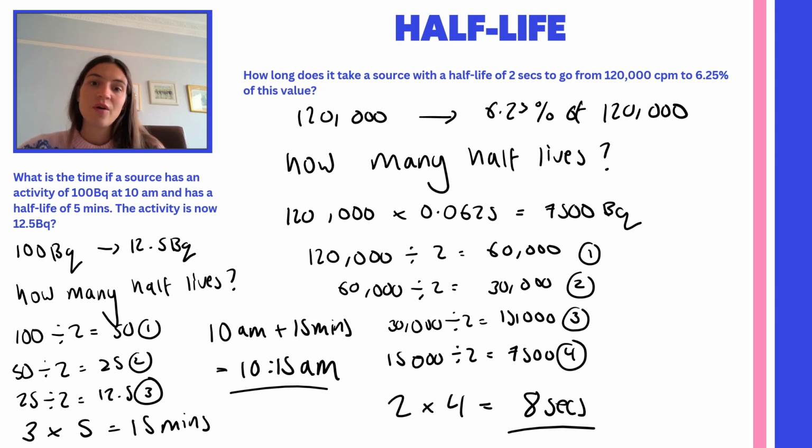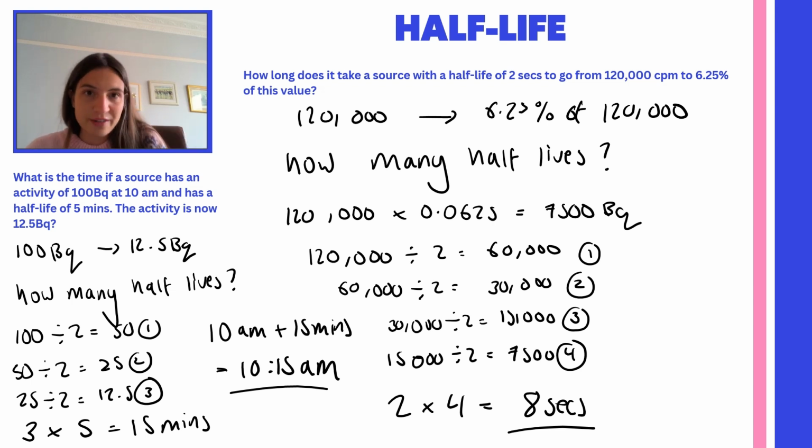Now, just a note on this question, I didn't actually have to work out 6.25% of 120,000. I could have, like in our previous examples, just stated that the initial activity was 100% and the final was 6.25%, and could have kept dividing 100 by 2.